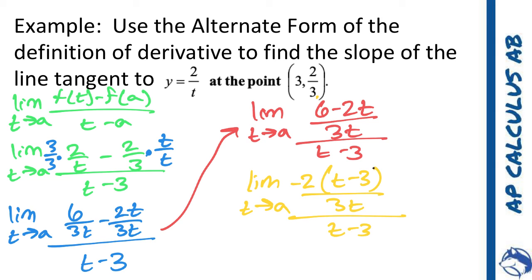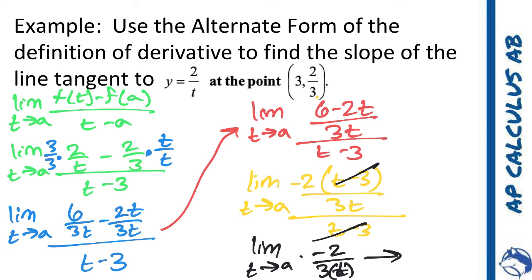And so we can go ahead and cancel out this piece there, and I'm left with the limit as t approaches a, which in this scenario is 3, of negative 2 over 3 times a. Well, really it's t, and then when we plug it in, we're going to plug in 3 for that. So I really could change that to a 3, and we get negative 2 over 9 is our slope, and that's basically what it is. That's our slope here.